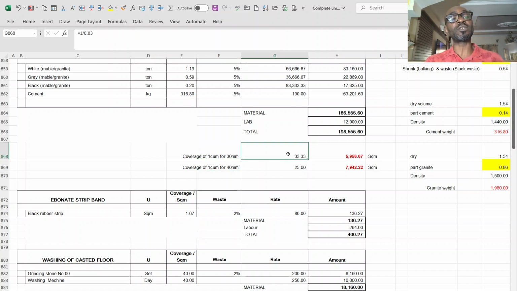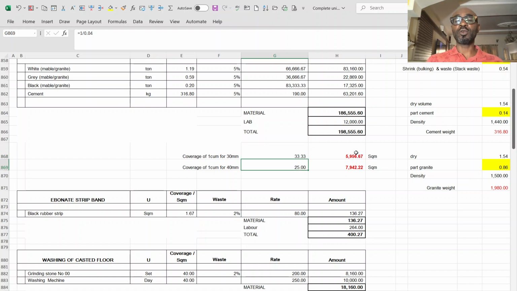So what I now did is to divide a cubic meter by 0.03. Then I divide the second as well by 0.04. So it gives me, for a cubic meter will cover 33 square meter. While for a 40 mm thick, it will cover 25 square meter.